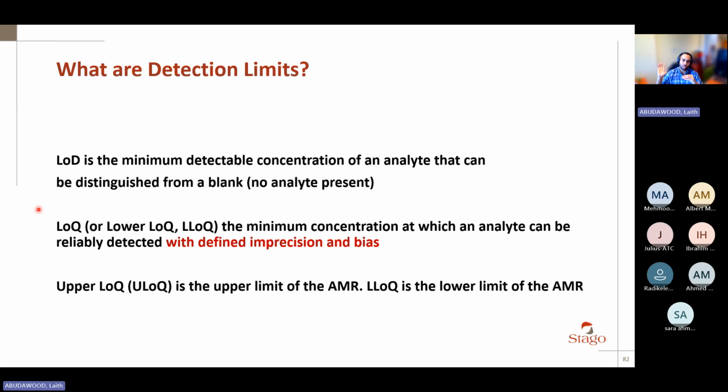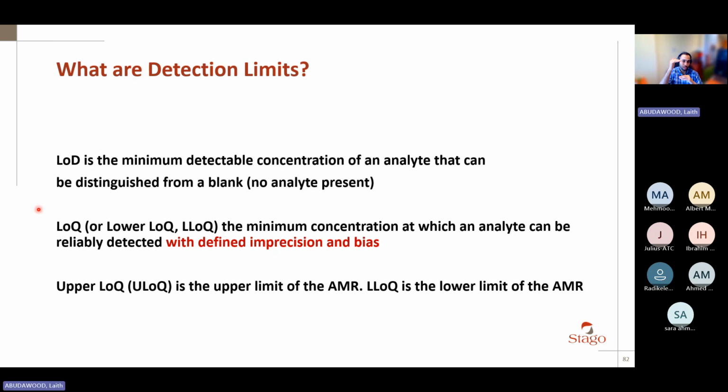The machine may be measuring some stray light, or some signal from outside, but anything below the limit of blank, even if the machine gives a measurement, we say there is no concentration of the analyte. Anything between the LOB and the LOD, the machine can say it exists or it does not exist. So the limit of detection represents the limit of your analyzer's ability to detect the presence of something or its absence.